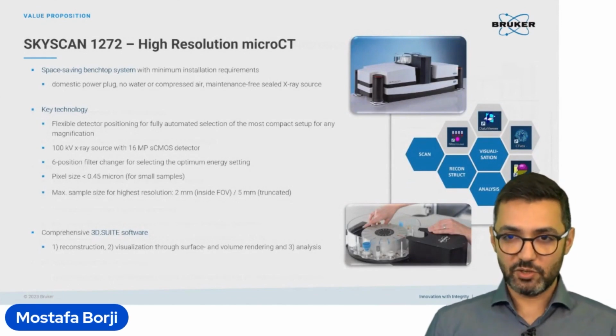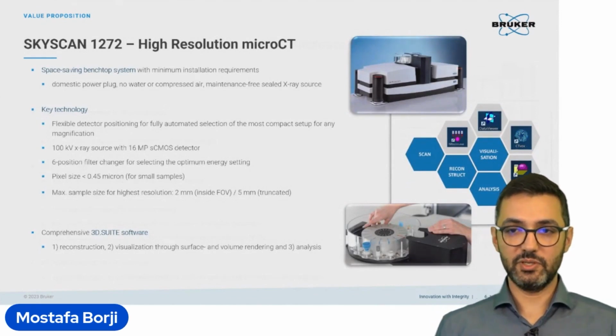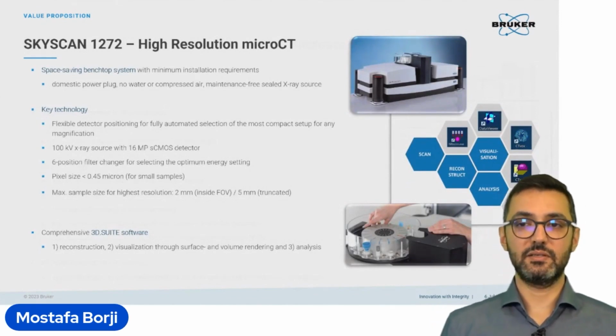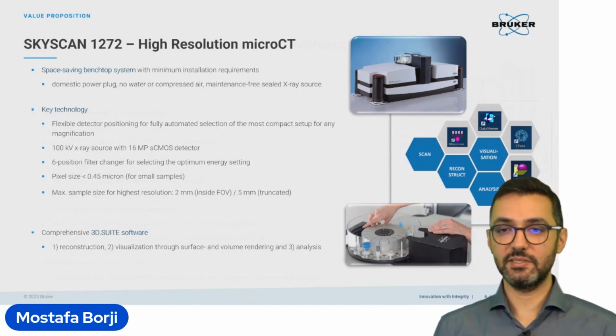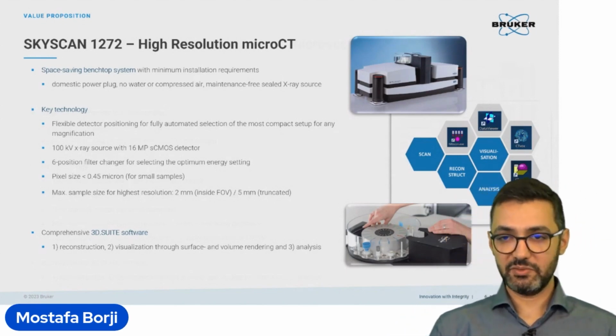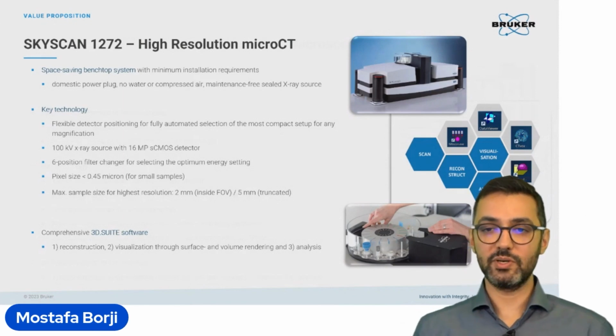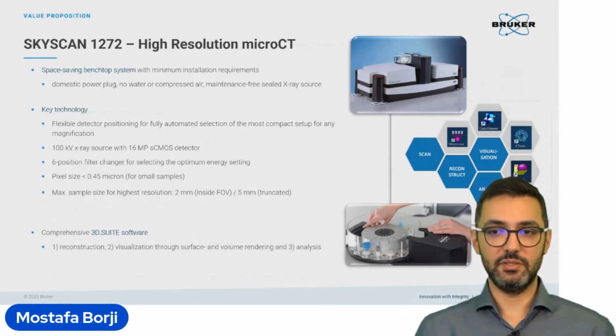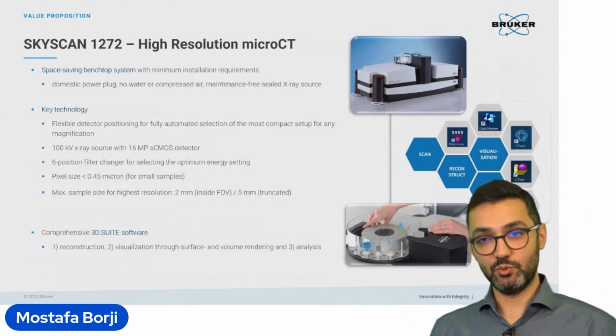Well, in the benchtop, we saw that if we want a fast system able to be automated, we go for 1275. If we need more power and a larger sample chamber, we go to 1273.